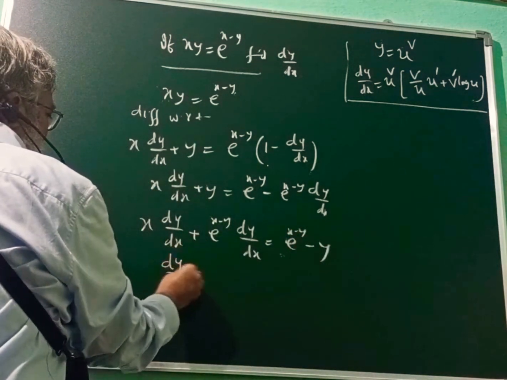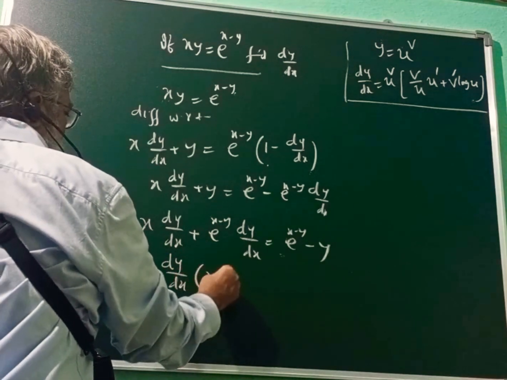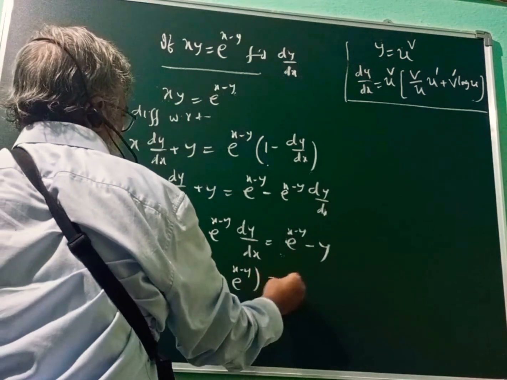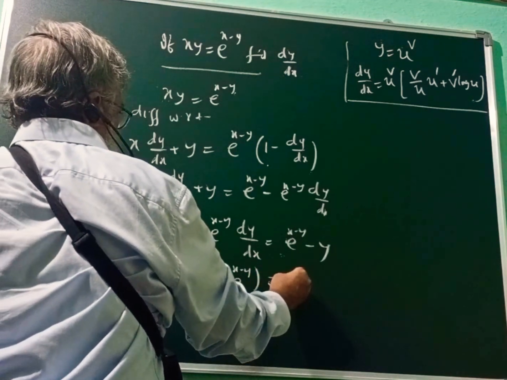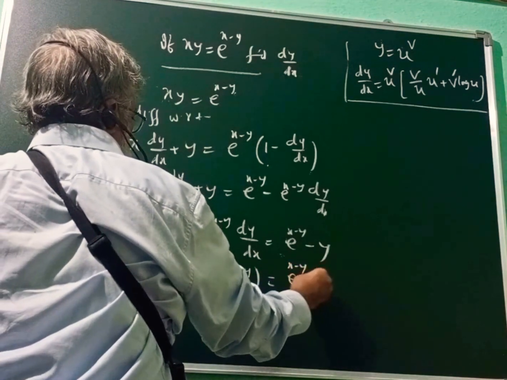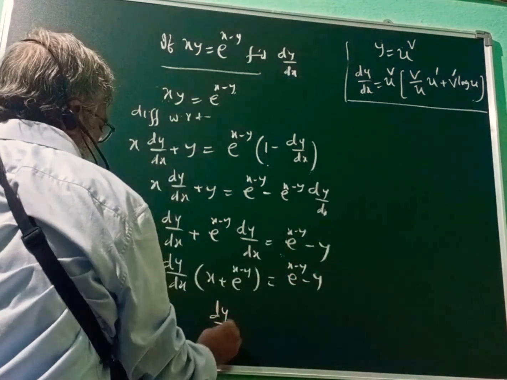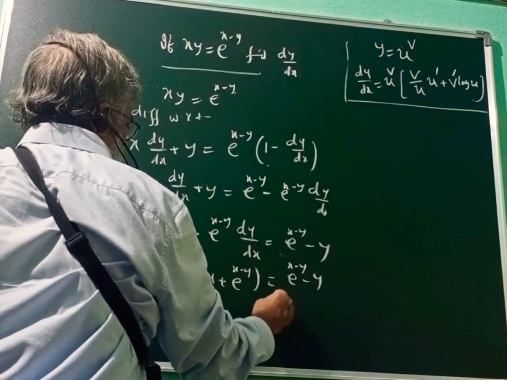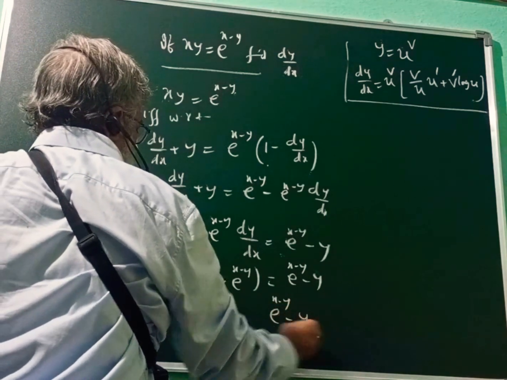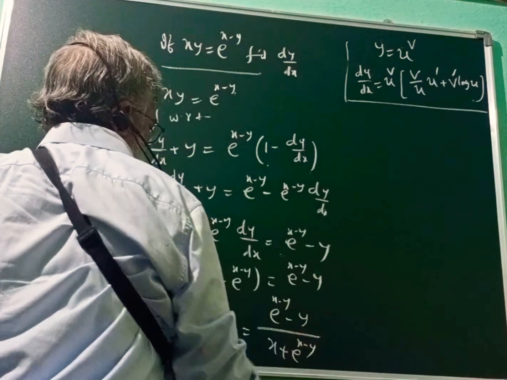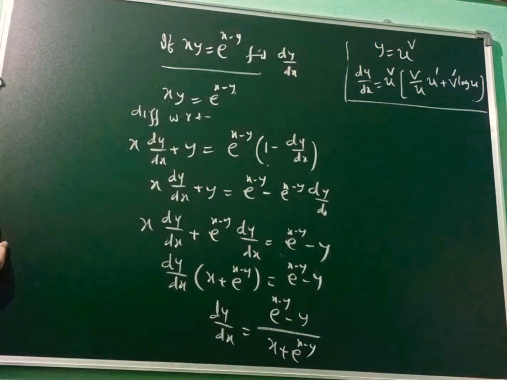We take dy by dx common. x plus e raised to x minus y, is equal to e raised to x minus y minus y, or dy by dx is equal to e raised to x minus y minus y divided by x plus e raised to x minus y. That is the required answer.